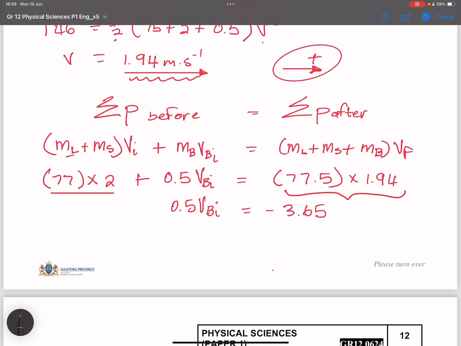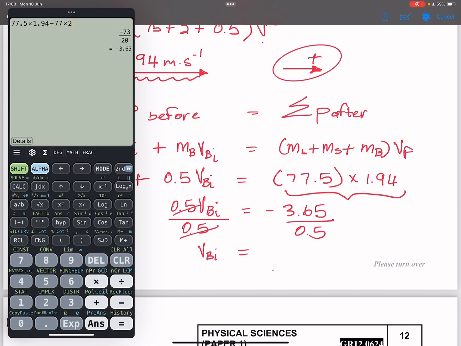So I'm going to divide both sides by 0.5. So for the initial velocity, we divide that by 0.5. I get negative 7.3 meters per second.